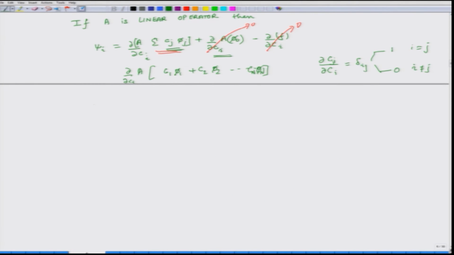Because of this, psi I equals A of phi I. Because all other terms will be 0 and the coefficient of phi I will become 1, because partial of Ci with respect to Ci is 1 if i and j are the same. Okay. So, this is the third method, which is known as the method of least squares.